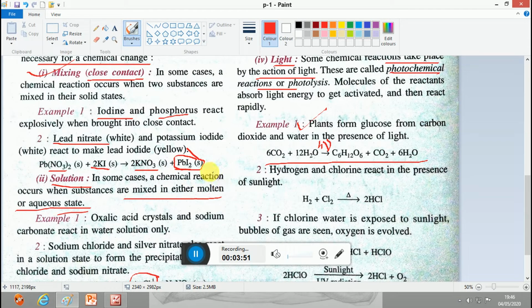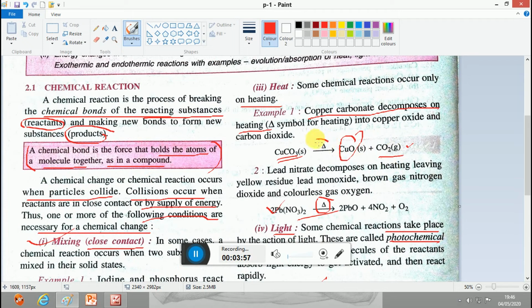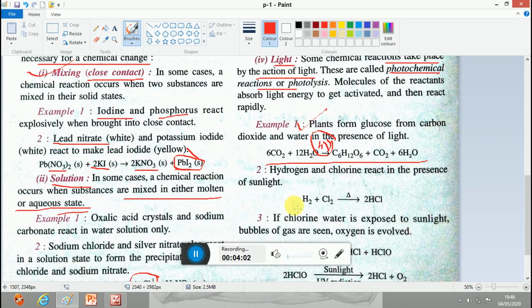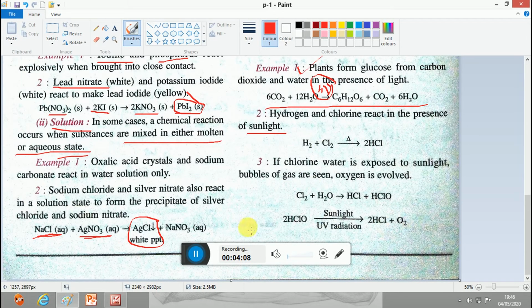This is the symbol of light, h nu. The other is the symbol of heat. Hydrogen and chlorine react in presence of sunlight to produce HCl. Chlorine water decomposes in presence of UV radiation or sunlight.